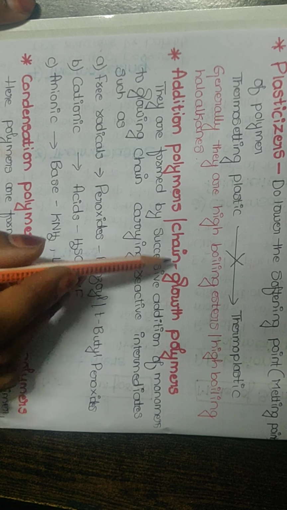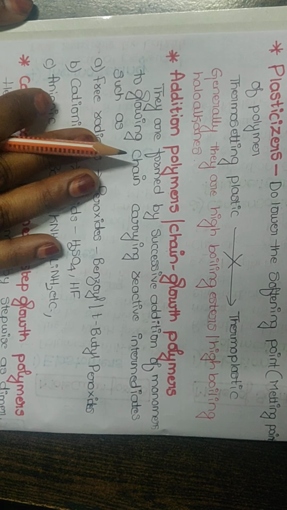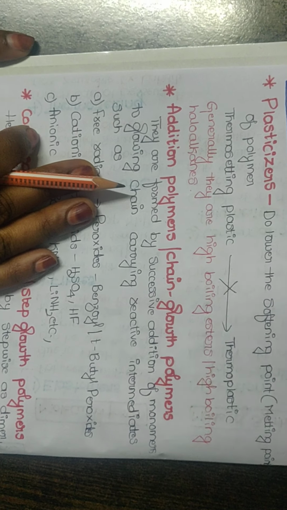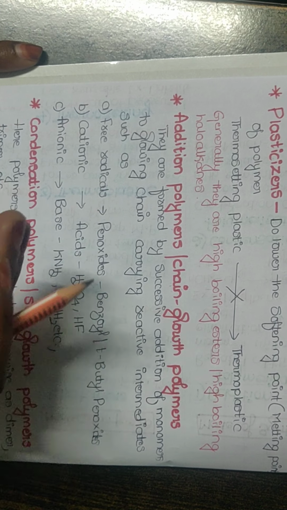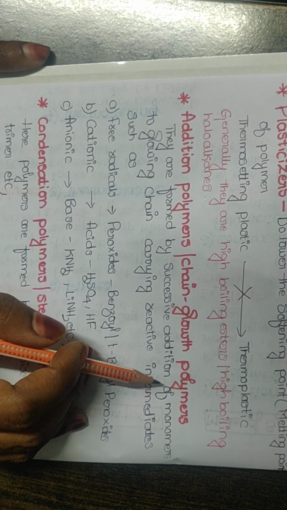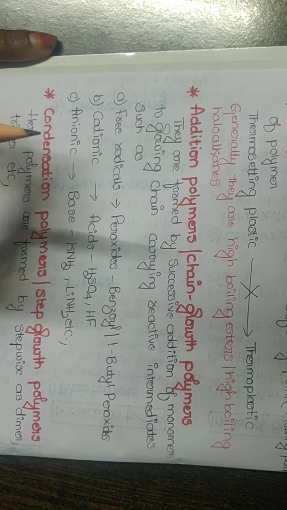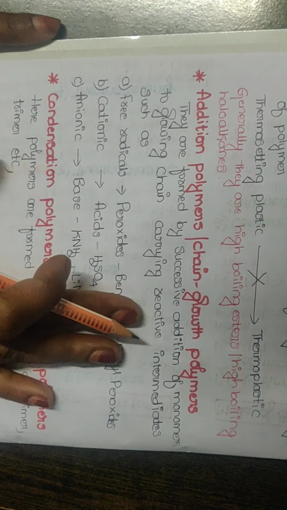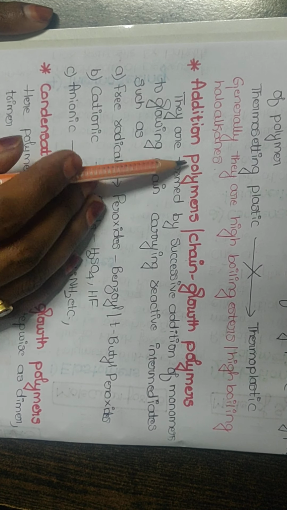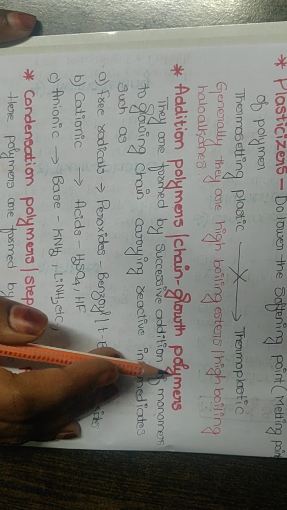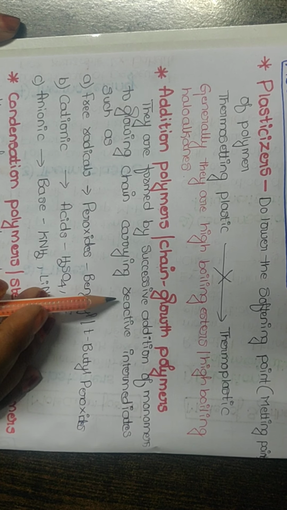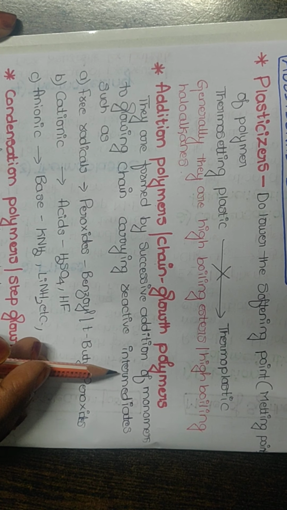Why it is called chain growth polymerization is because here you have an addition of monomers. I can call it successive addition of monomers, so that a chain keeps on growing. And the speciality of addition polymerization or chain growth polymerization is that you will have reactive intermediates.